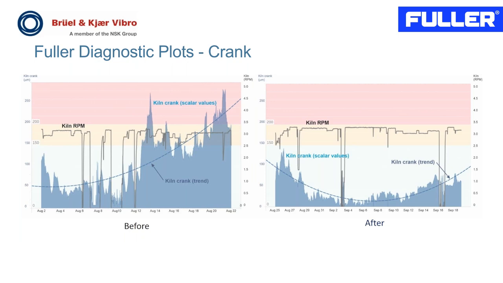Then we have the solid blue graph, that is the scalar value of the Kiln Crank, and we have a curve fit trend line as well. The value of the Kiln Crank measurements is in micrometer, ranging from 0 to 150, which is the first limit, and above 200, which is the second limit.